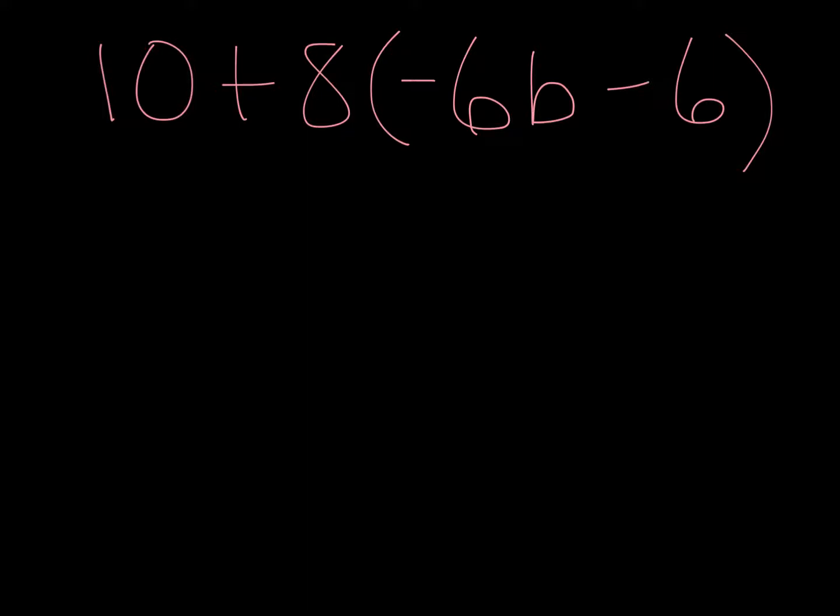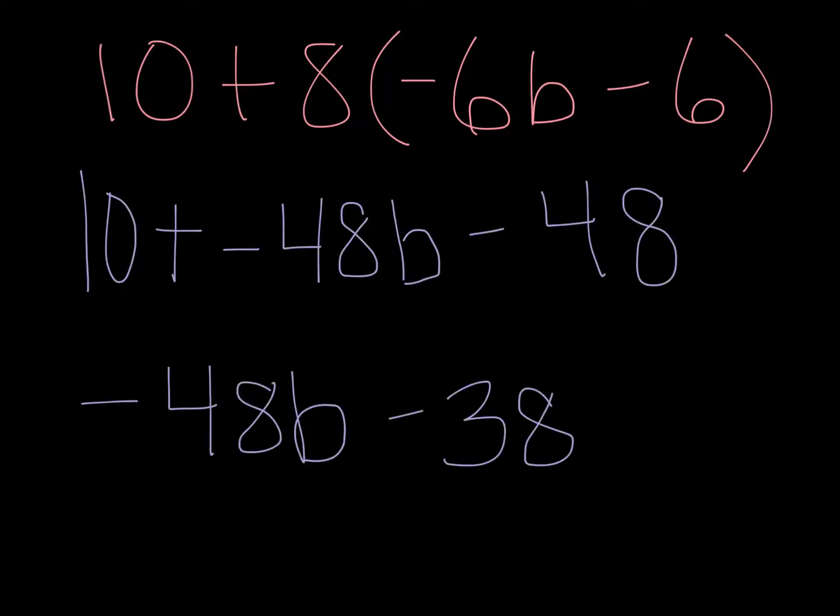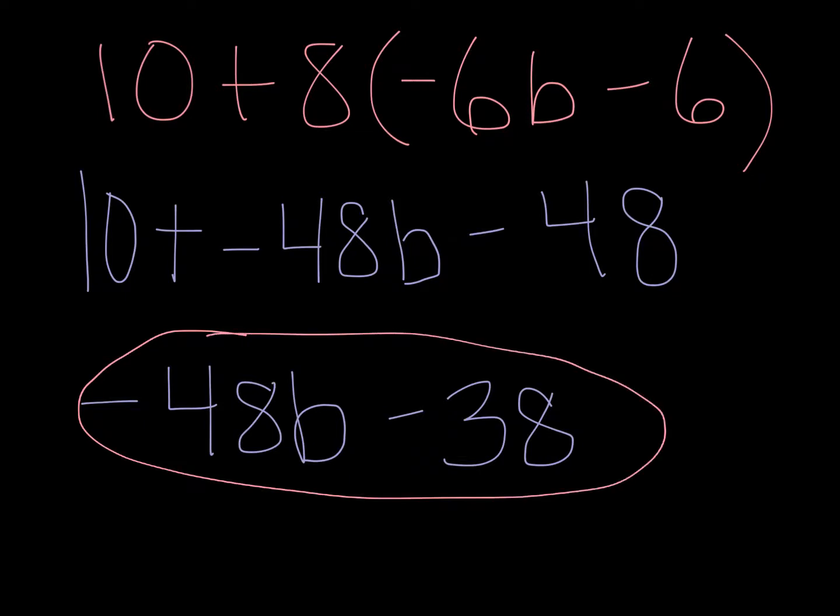Alright, so here we have 10 plus 8 times negative 6b, that's the letter b, minus 6. Go ahead and hit pause and try it on your own. Alright, so your final answer here should be negative 48b minus 38.